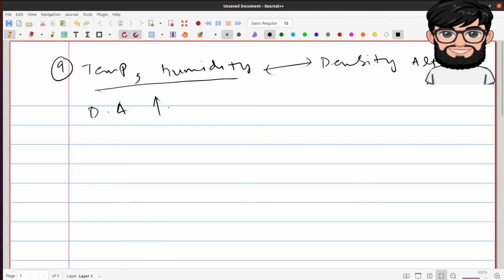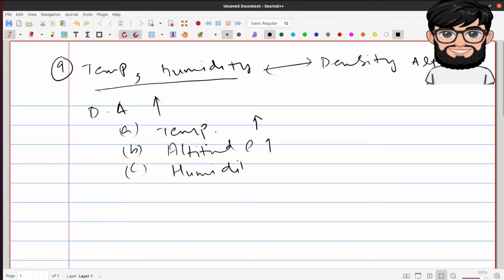Density altitude is going to increase if we have high air temperature, if we have high altitude, if we have high humidity.